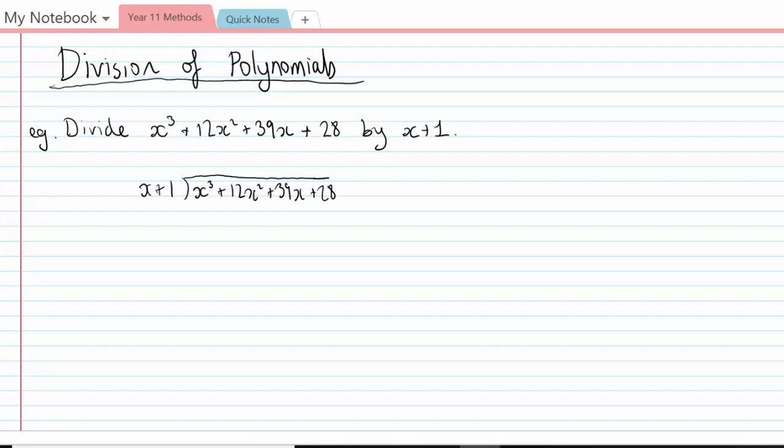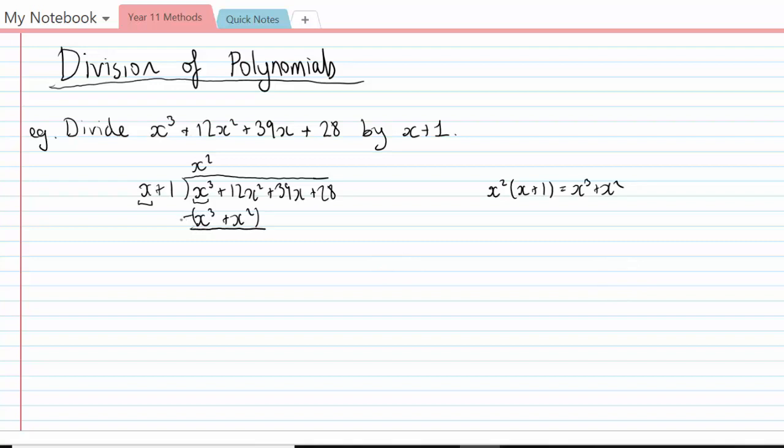So same process as we saw before, we ask ourselves how many x's go into x cubed, and the answer is x squared. Now I multiply the x squared by the x plus 1, and again I'm going to do that just off on the side, which gives x cubed plus x squared, so I'll write that down here. And that's what we take away.